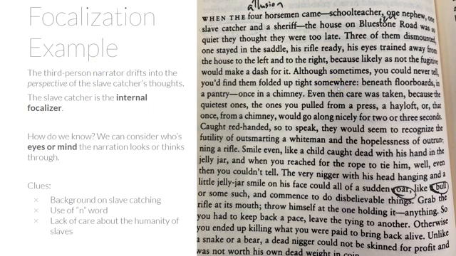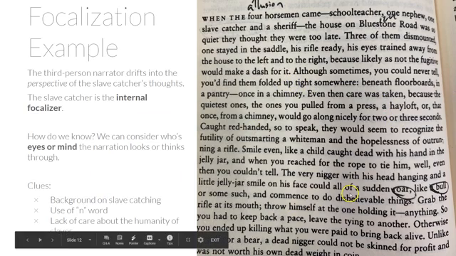How do we know that it's the slave catcher who's doing the thinking and the sharing? We might consider whose eyes or mind the narration looks or thinks through. And this is going to be really important, especially when you guys are looking at stream of consciousness later. You're going to want to look for clues that let you know who is the person doing the speaking. So some clues that we have here: this person has knowledge of slave catching.